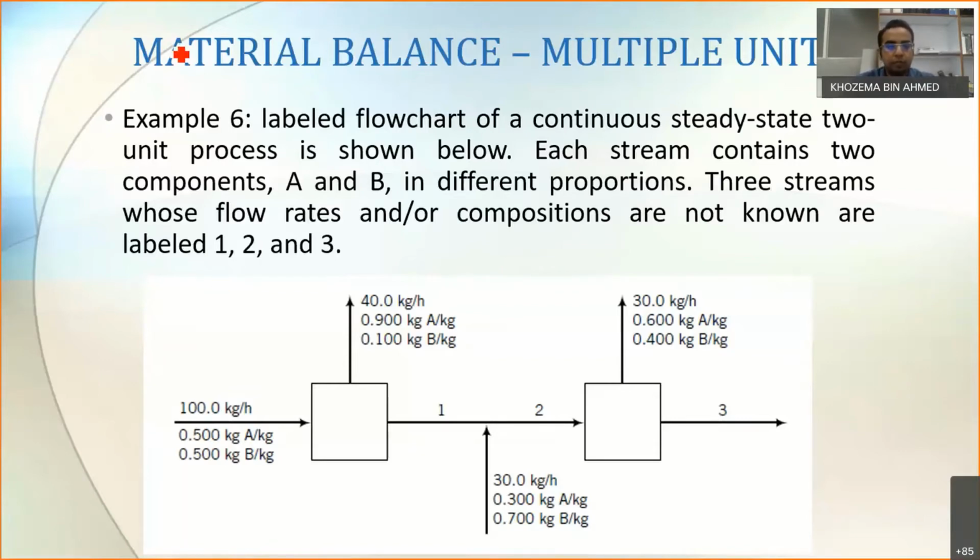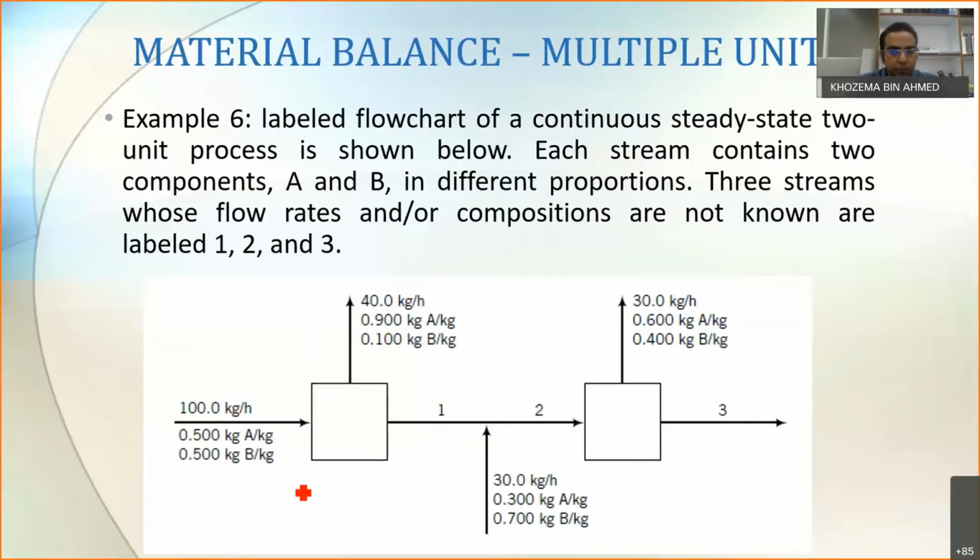Example number 6 says a labeled flowchart shows a continuous steady state 2-unit operation as shown below. Each stream contains 2 components, A and B, in different proportions.